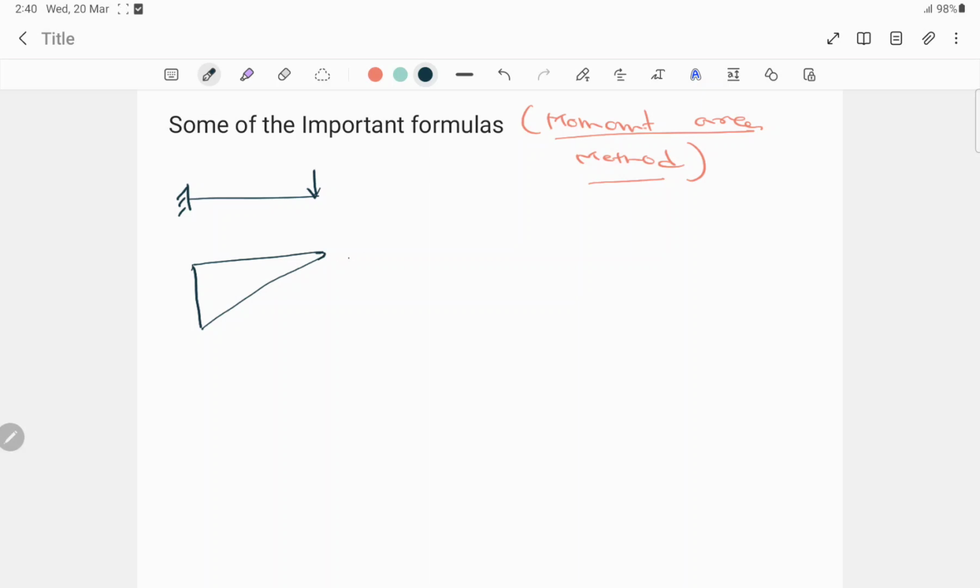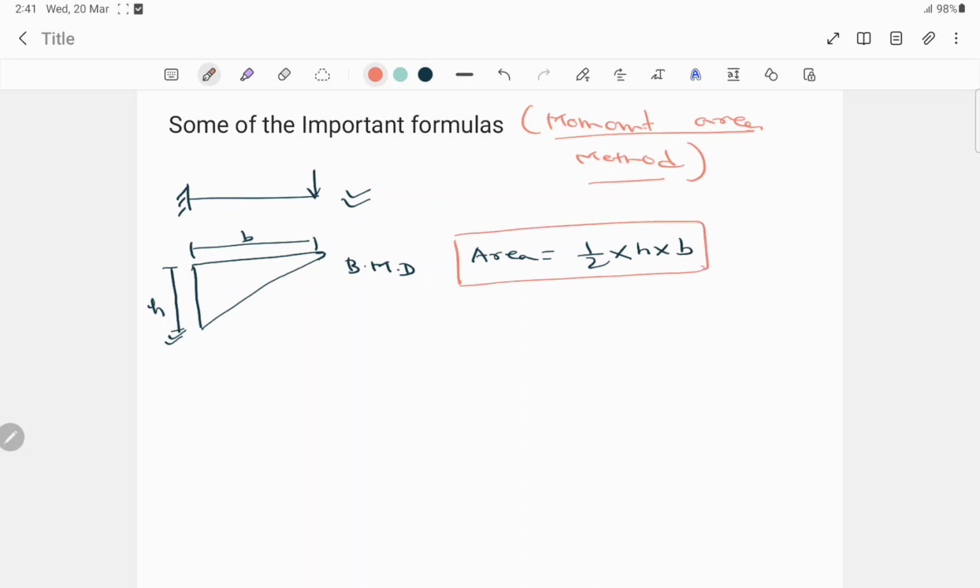Now suppose we have to find the area of this diagram. So we know the formula, area is equal to half into h into b, where this is the height and this is the base. So this is the formula for this type of bending moment diagram.